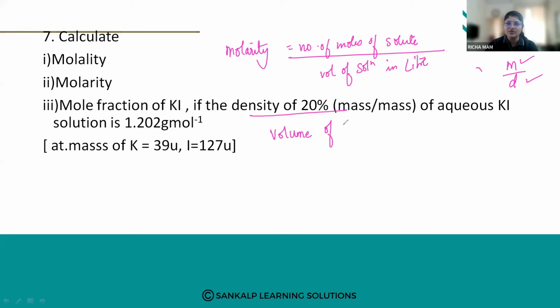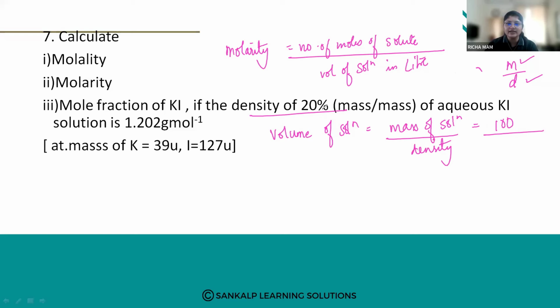So volume of solution can be calculated as mass of solution divided by density. Now, what is the mass of the solution, the total mass? 20 grams plus 80 grams, so the total mass of the solution is 100.